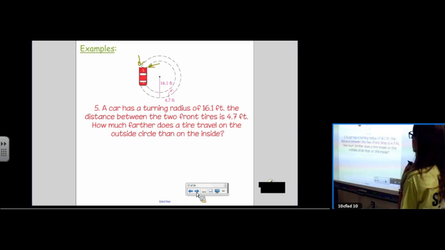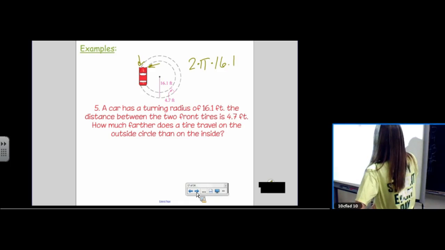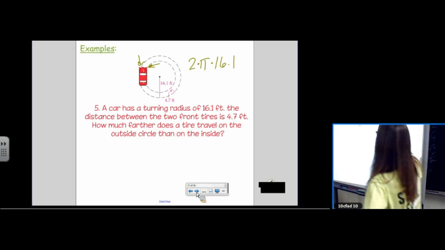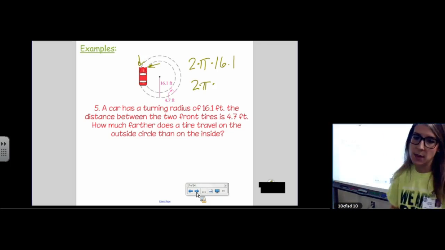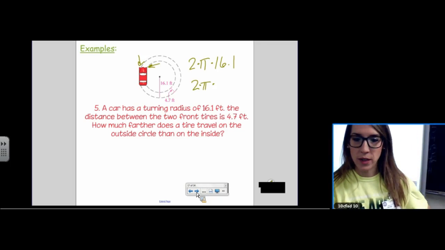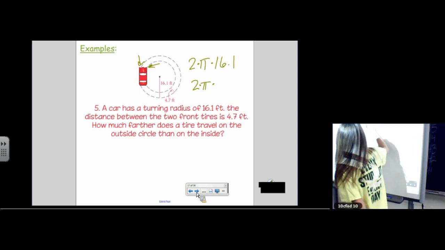So the circumference of the outer tire would be 2 times pi times r, that's 16.1. What about the circumference of the inner tire? 2 times pi times, what's 16.1 minus 4.7? Thank you. So this is 11.4.